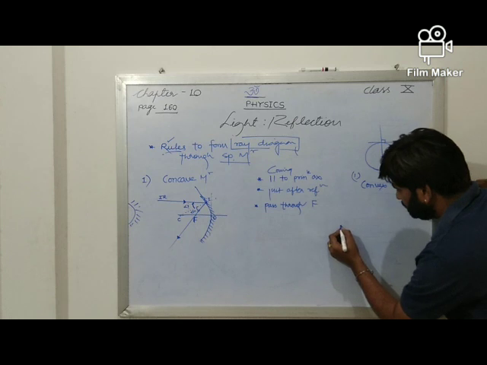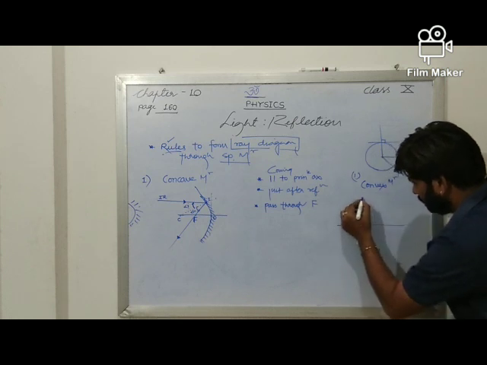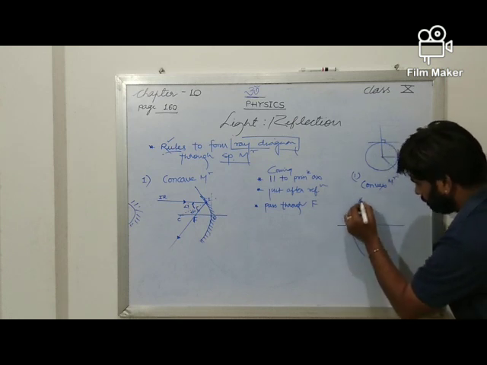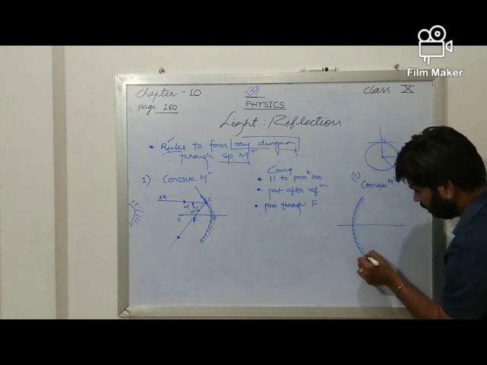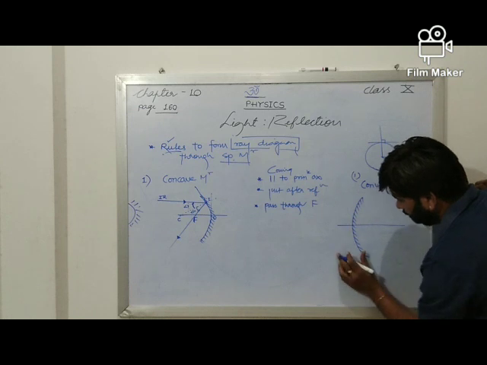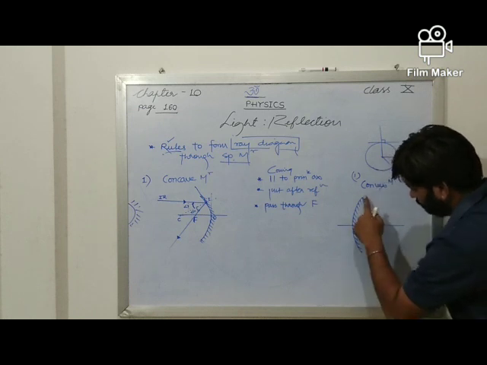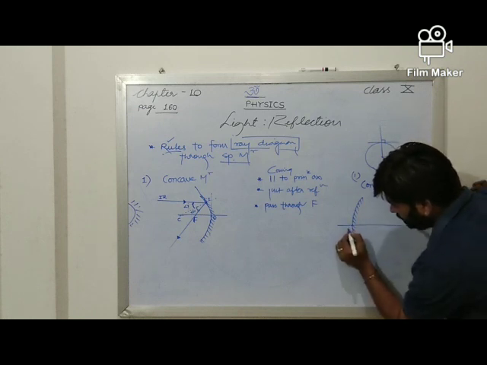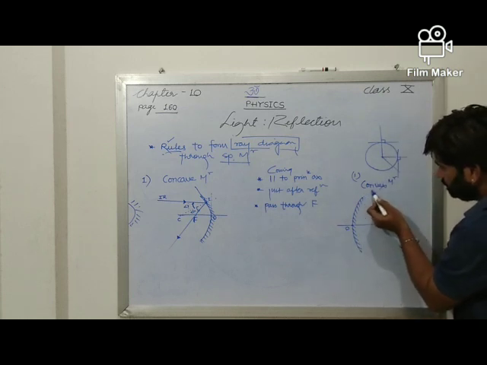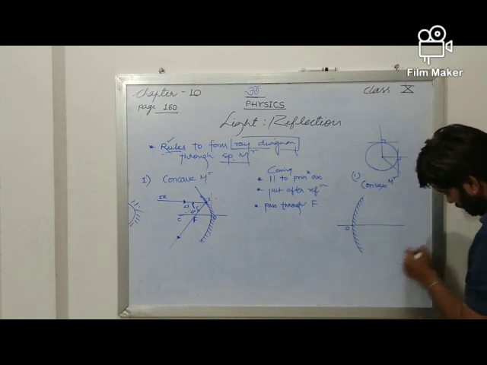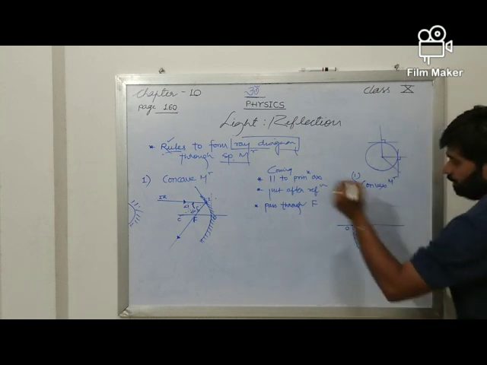As we have already seen how to draw the mirror, let me draw it like this. This is going to be the non-reflecting part. This is the point O. Now in this particular one, the sphere will be like this, so the center will be on the right-hand side.